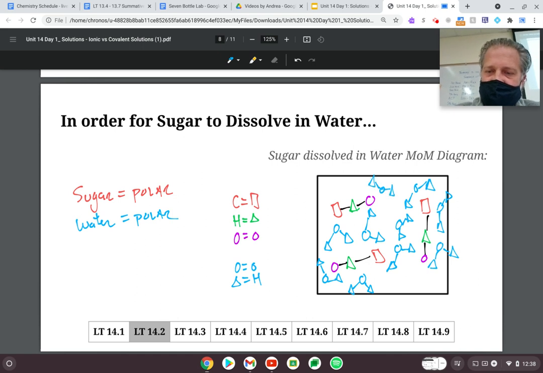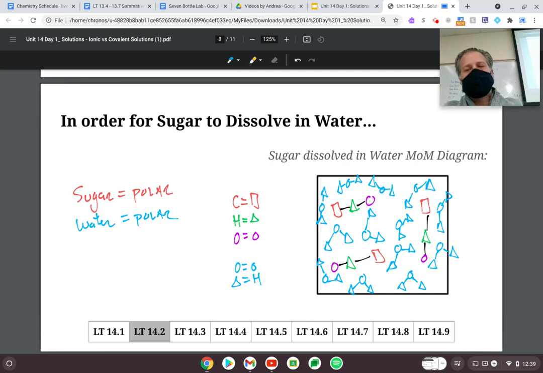I am taking the time to illustrate the point that when something dissolves, it gets entirely surrounded by water particles. So going forward, you're going to be allowed to draw X's, but I really do want to take time to show that these molecules are being completely surrounded by water. Okay.